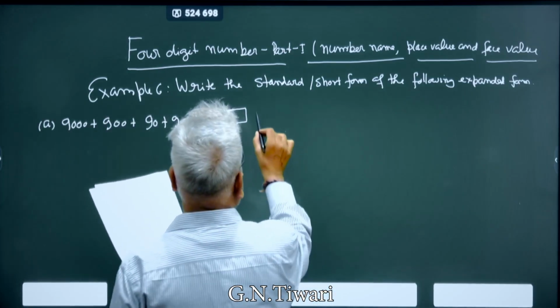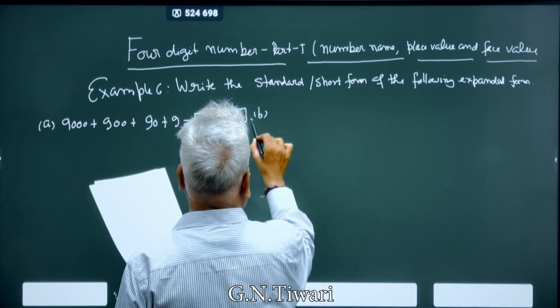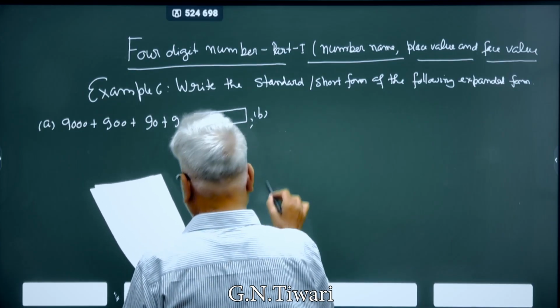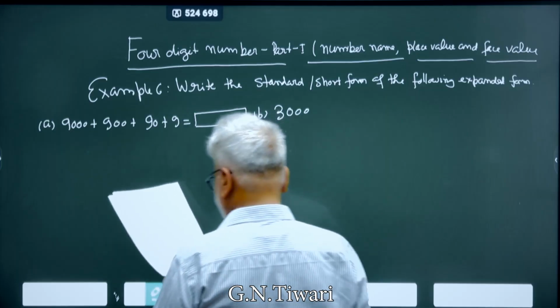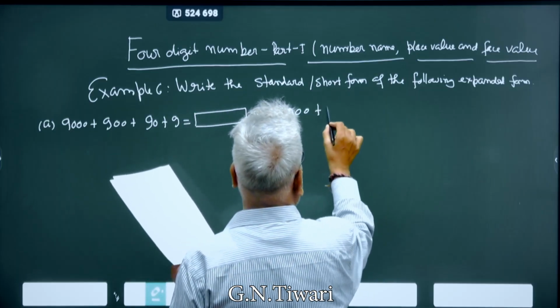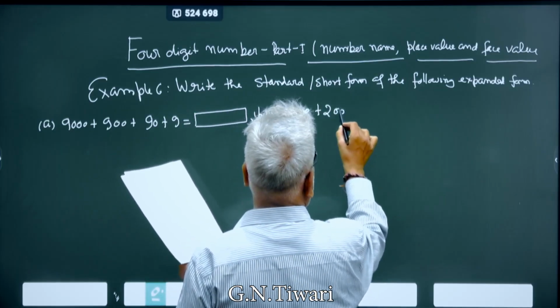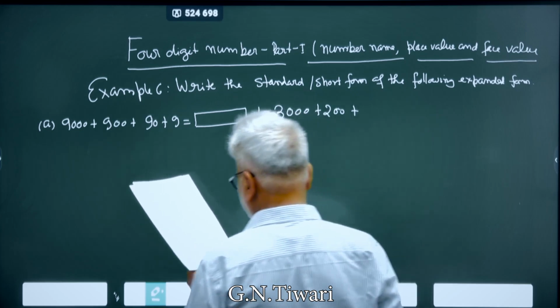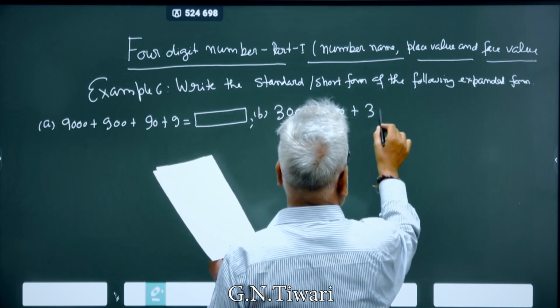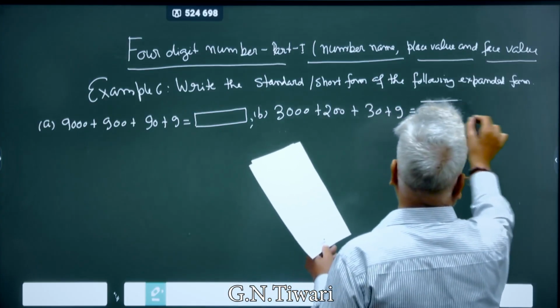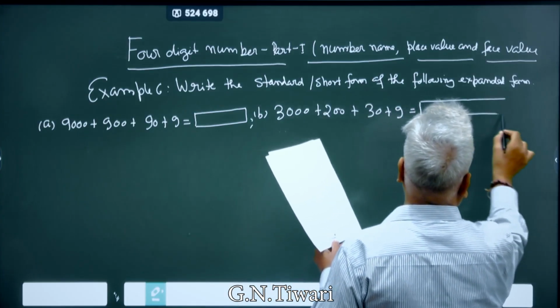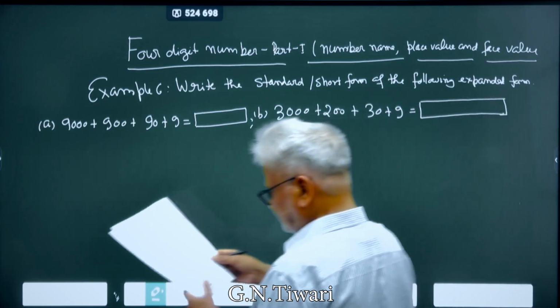B: 3,000 plus 200 plus 30 plus 9, and you have to give the answer here. I will do one for this.